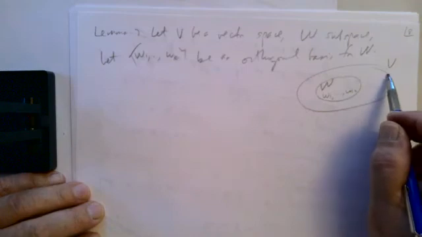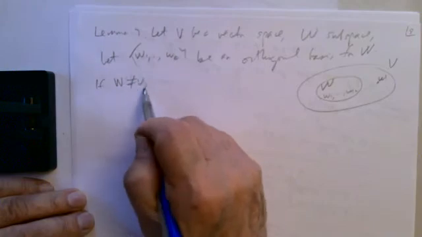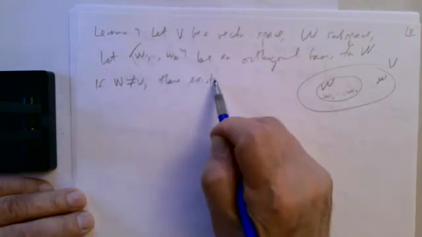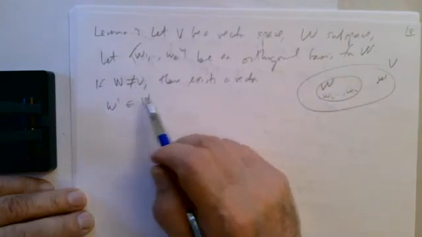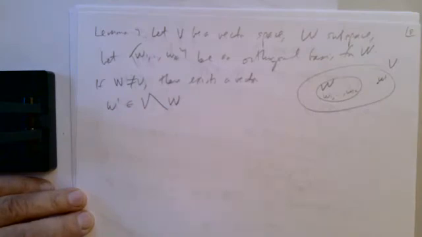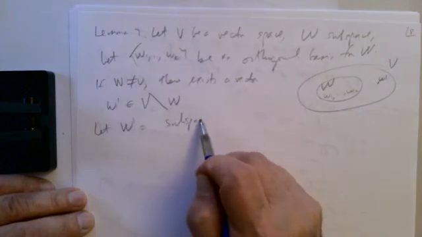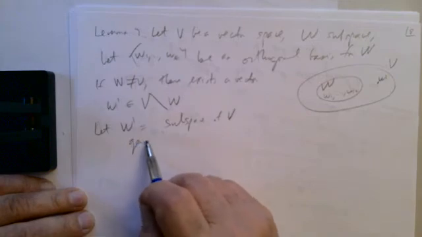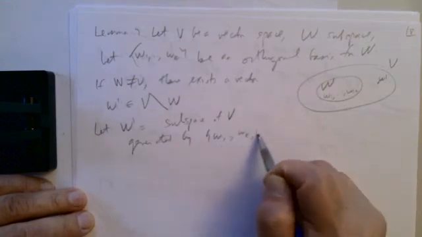Now, if W is different from V, there's some vector W prime in V, but not in W. So if W is not equal to V, there exists a vector W prime, which is in V, but it's not in W. It's in the complement of W in V. And suppose I let W prime be the subspace of V generated by these original K vectors and W prime.